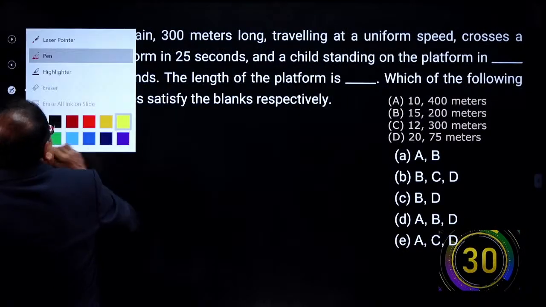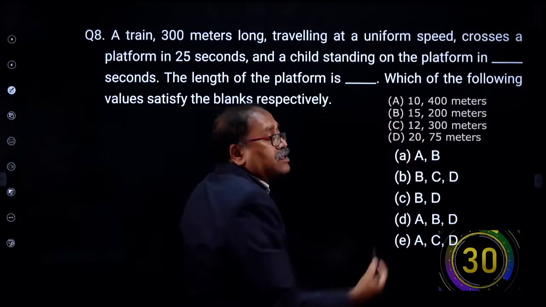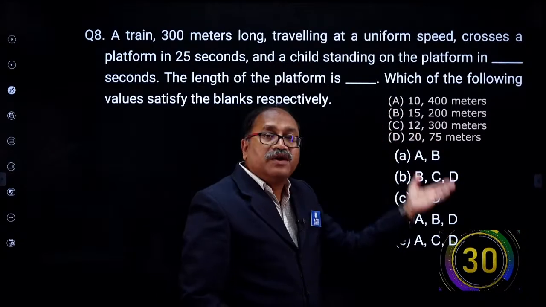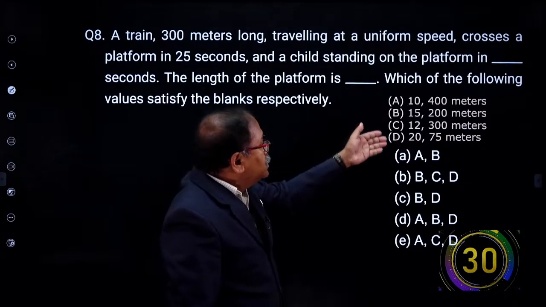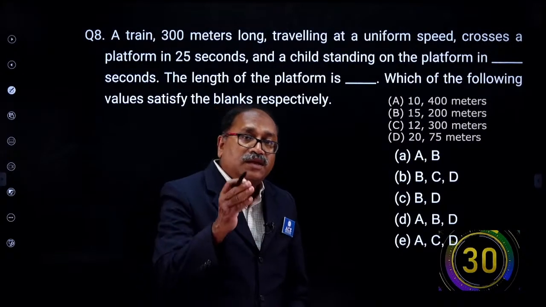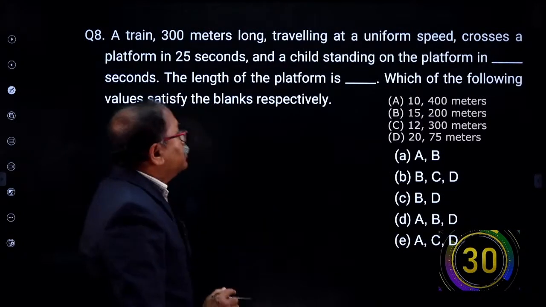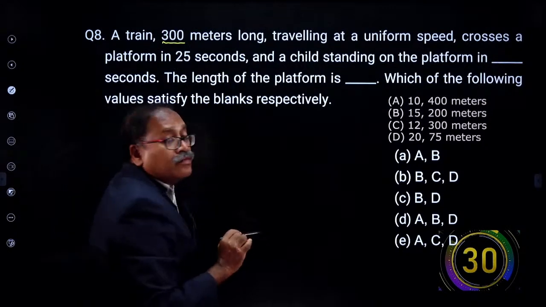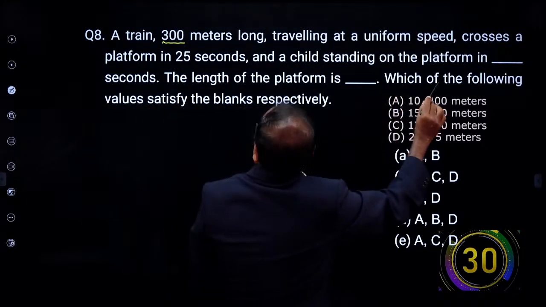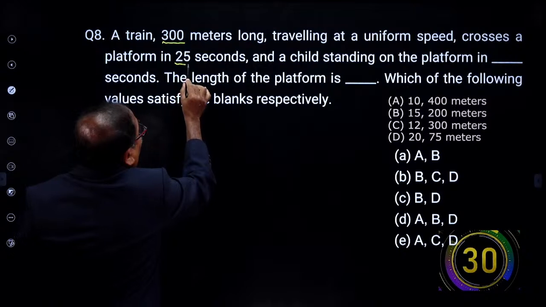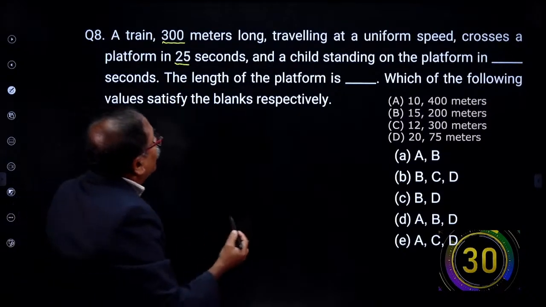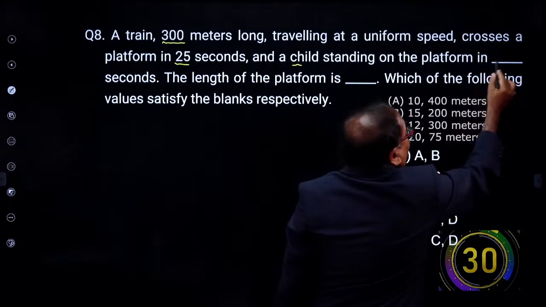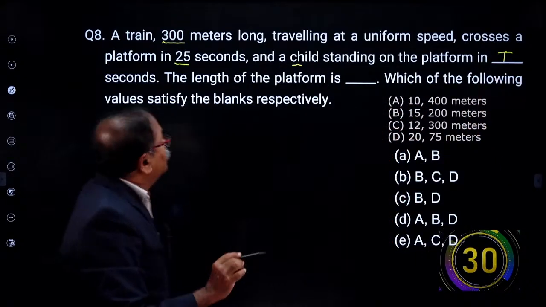Next question on the board is this. Often in bank exams there are two blanks, and you need to verify through the options. A, B, C, D are there, and a couple of options are there. Let's read the question. A train 300 meter long, traveling at a uniform speed, crosses a platform in 25 seconds and a child standing on the platform in t seconds.